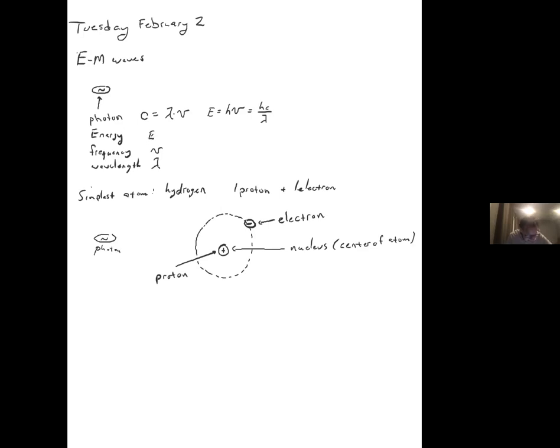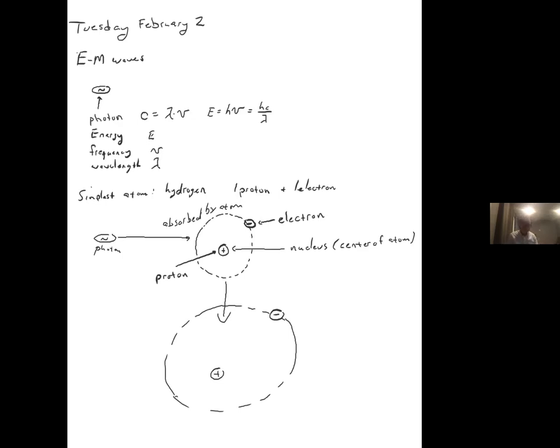And sometimes what will happen is the photon gets absorbed by the hydrogen atom. And what's observed is when that happens, I'll draw a little arrow down here to show what happens, the electron will move to an orbit that's further away from the nucleus.